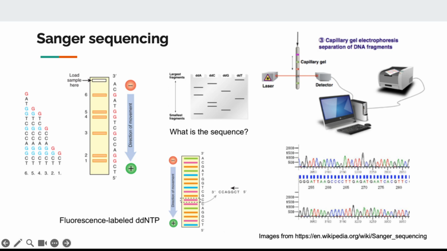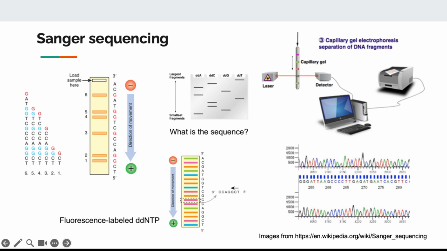If you run these molecules on a gel, they will be separated by length. The shortest nucleotide, TCG, will flow fastest, so this will be your bottom band. The next one, TCGG, will be the second band because it's the second smallest.